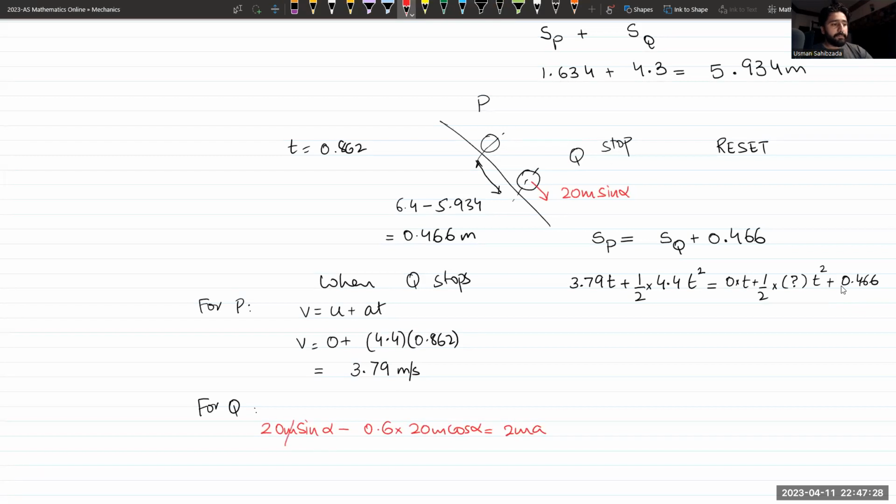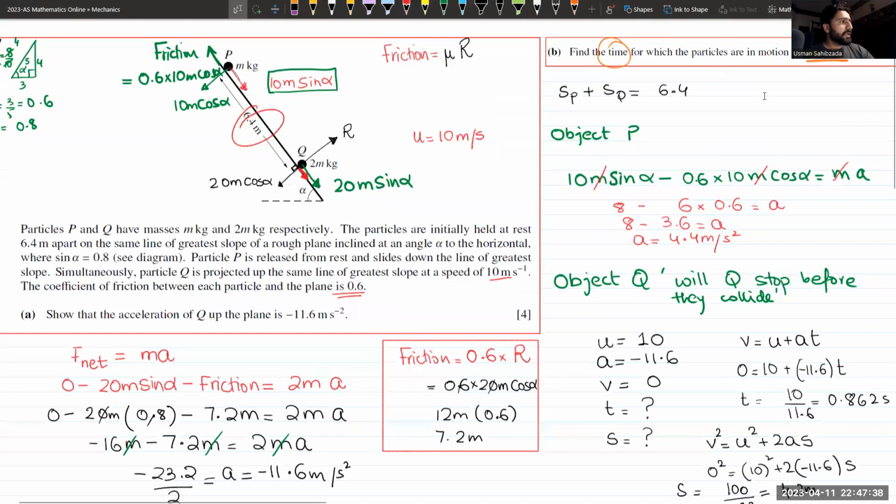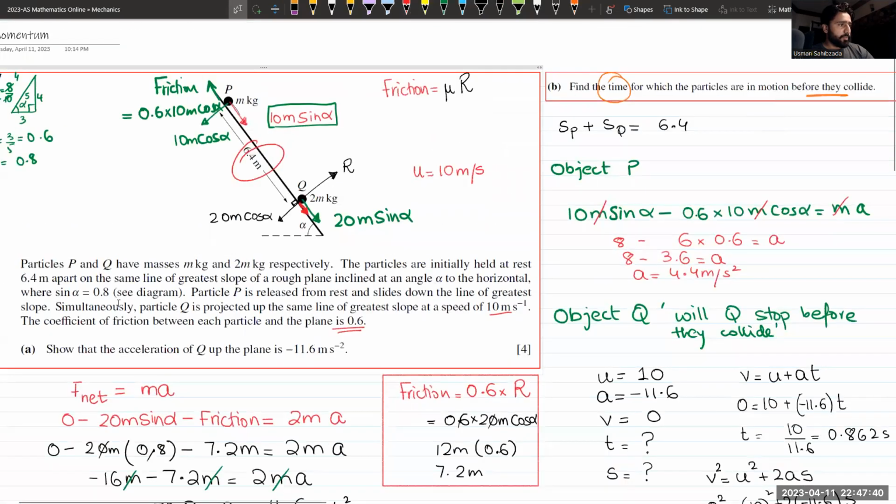So m and m cancel. Sine alpha was 0.8, and cos alpha was 0.6.